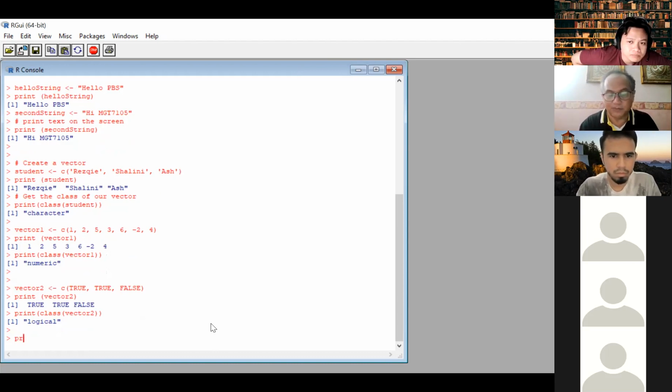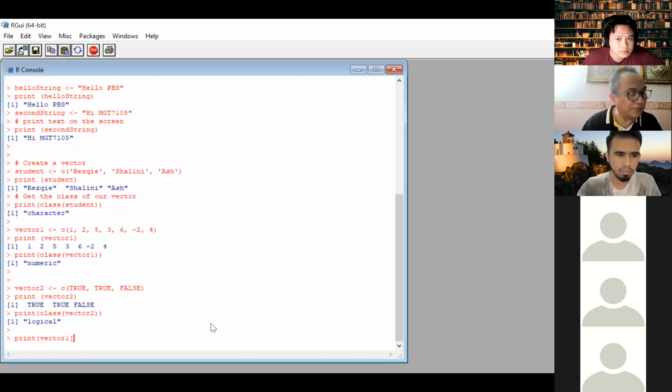Say we call it print, vector 1, and then you have this square bracket, C, and then you want to call the number, the point number 2 and 4 in vector 1.